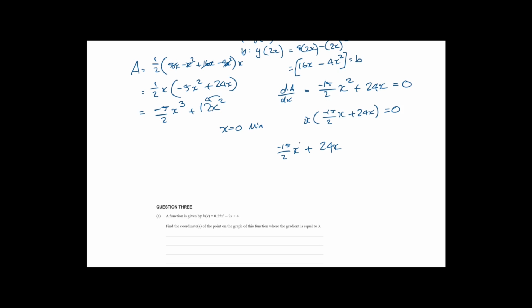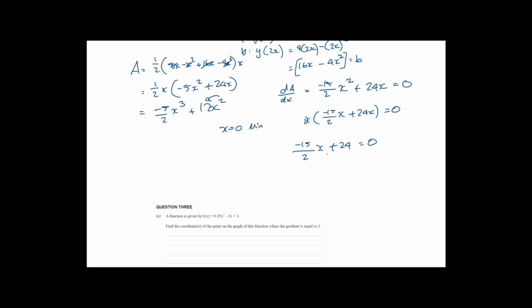Oh, there's going to be a square there, isn't there? Hang on. We factored out the x, so it's minus 15 over 2 x plus 24. Okay, yeah, that makes sense.